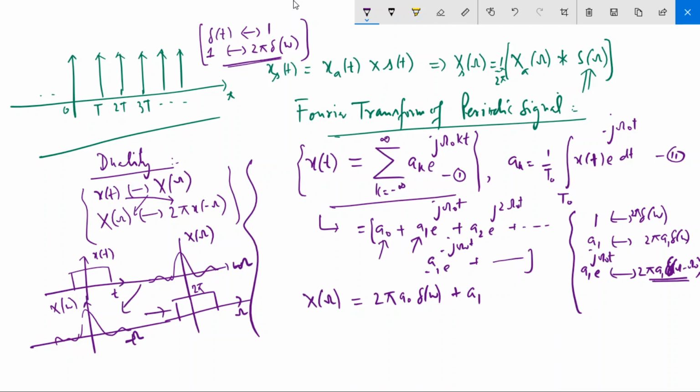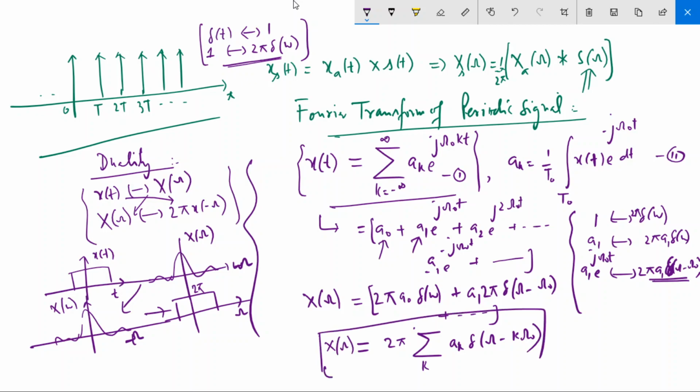It means for this signal, your Fourier transform will be 2 pi a1 delta(omega minus omega naught), and then so on. This is how you find the Fourier transform of a periodic signal. So the Fourier transform of a periodic signal, you can say, is 2 pi, now a constant term everywhere, and inside the summation you have ak delta(omega minus k omega naught), summation over k. This is how we find the Fourier transform of a periodic signal.